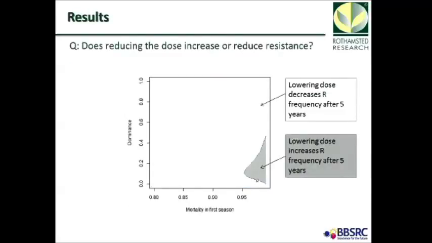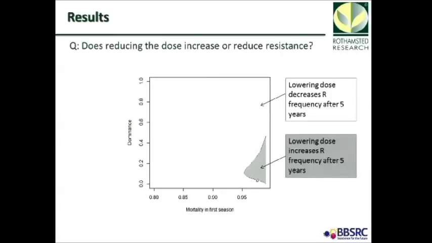Now, while that's true, the question we want to know is, if we reduce our dose, how often is lowering the dose going to increase the selection for resistance after a certain time period? So what I'm showing on this graph is two parameters, essentially, which I've found to be very important.